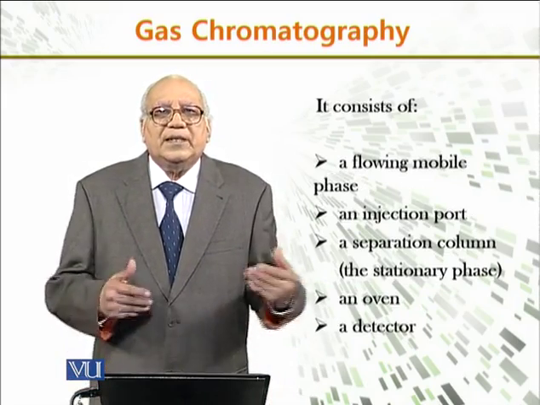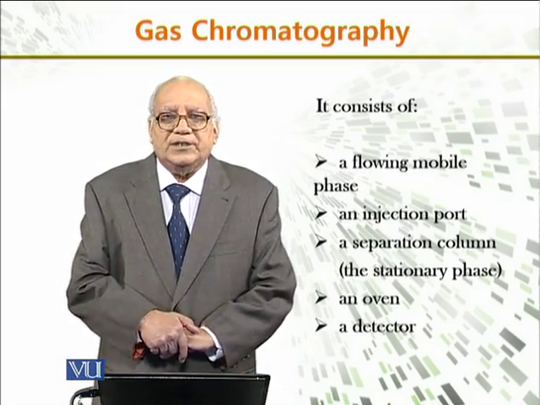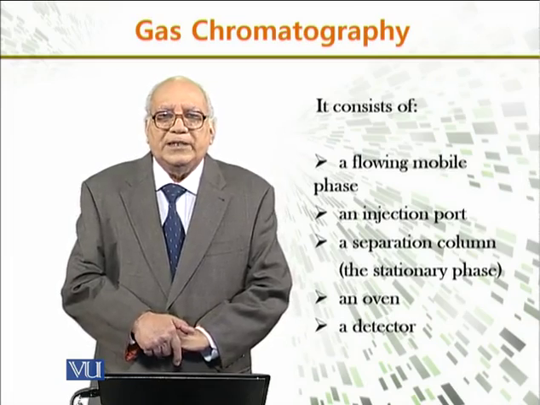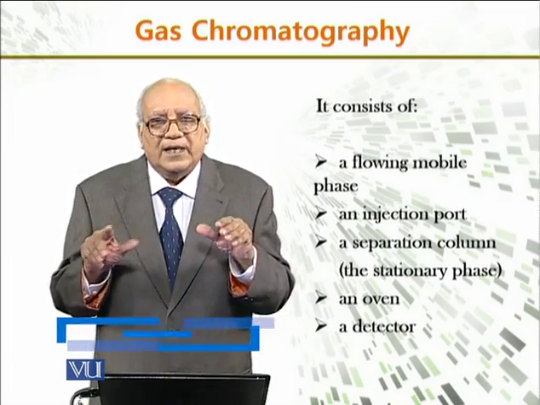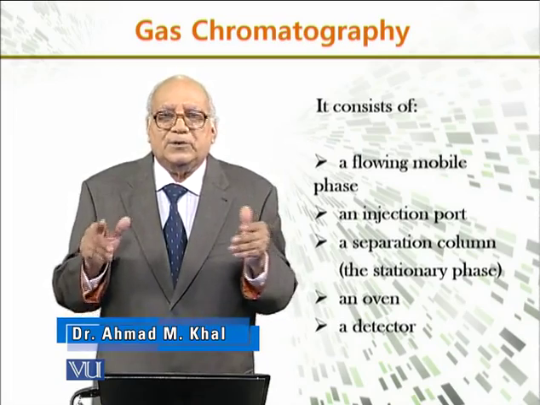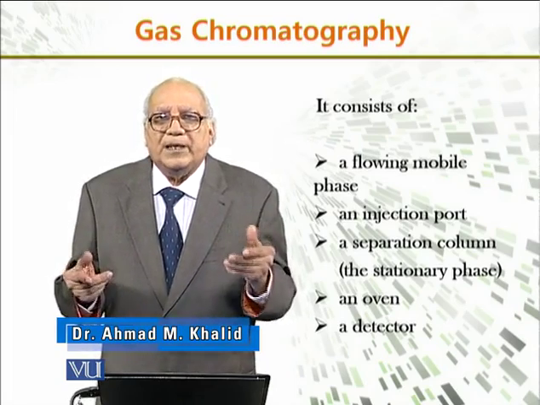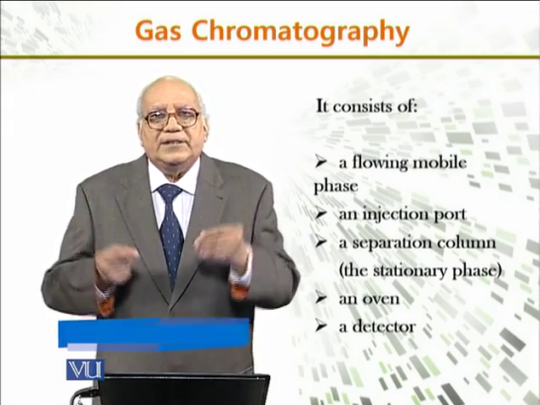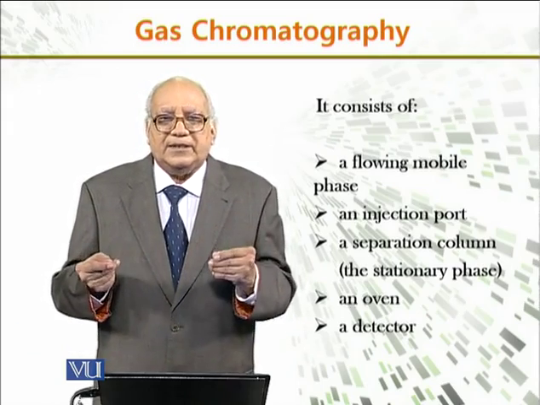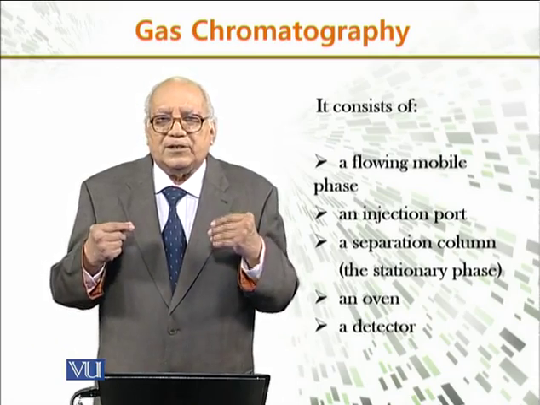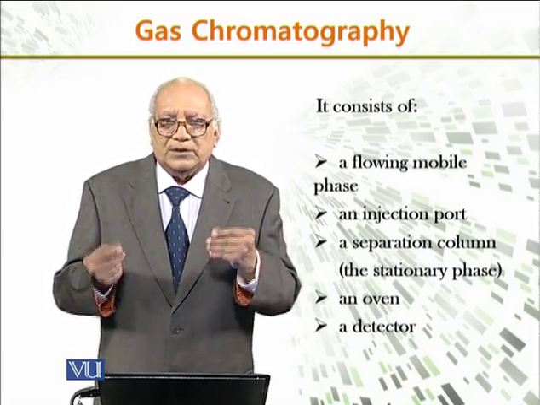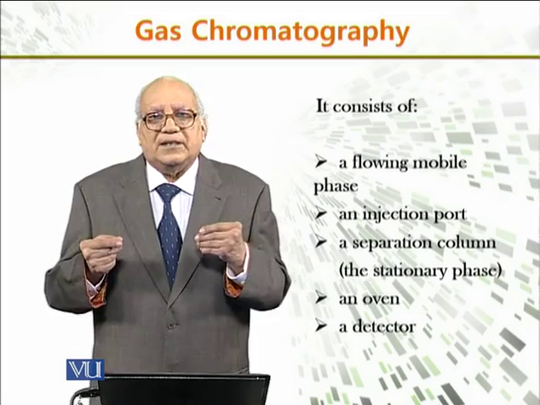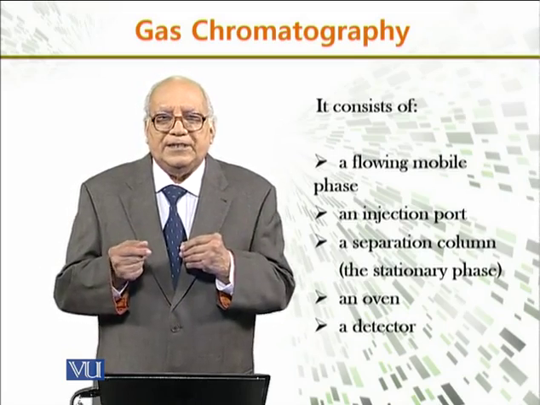Now, gas chromatography consists of a flowing mobile phase, as in all chromatography. In all chromatographies, we have a mobile phase and another phase, and an injection port where we inject the sample, and a separation column, which of course contains the stationary phase.